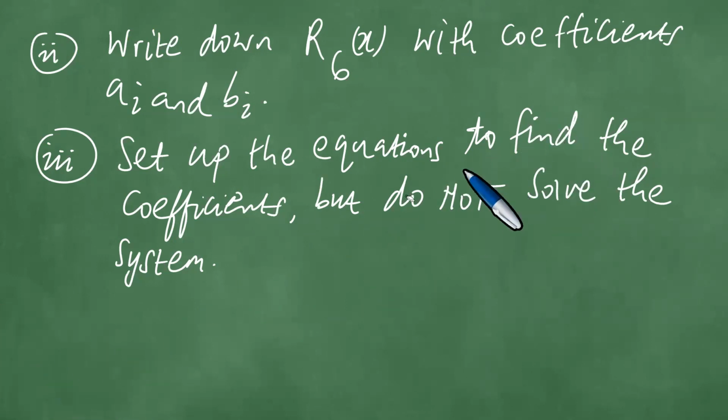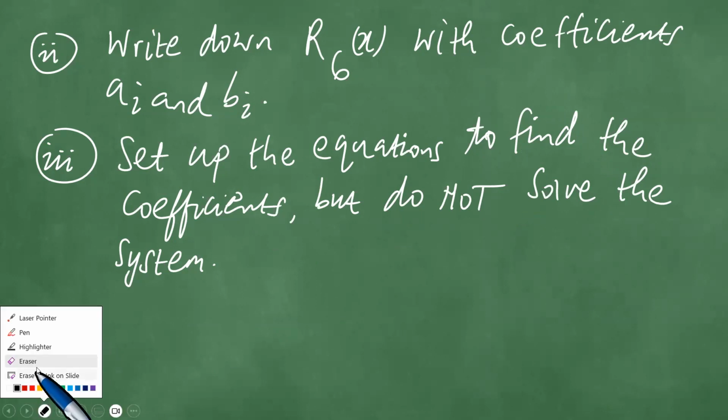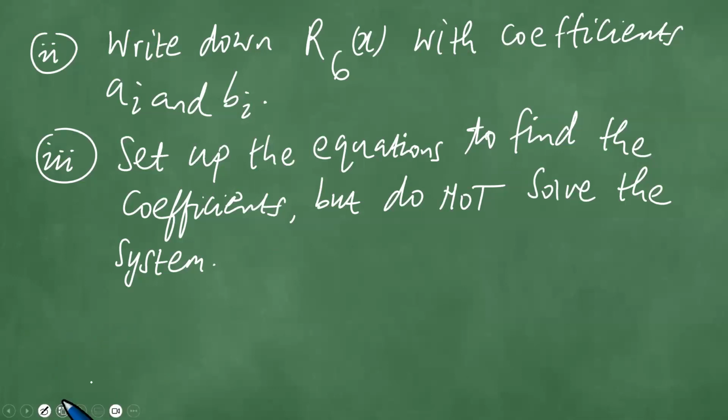Set up the equations to find the coefficients, but do not solve the system. So we need to find the coefficients, like we found before in the first example I gave. But do not solve. With time we can see if we can solve, but we don't have to.